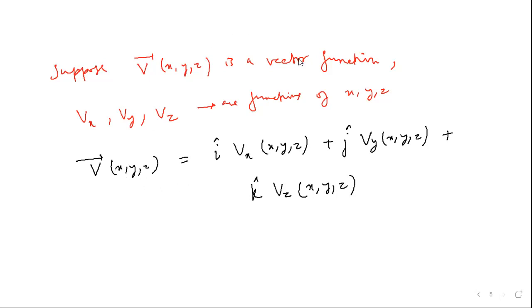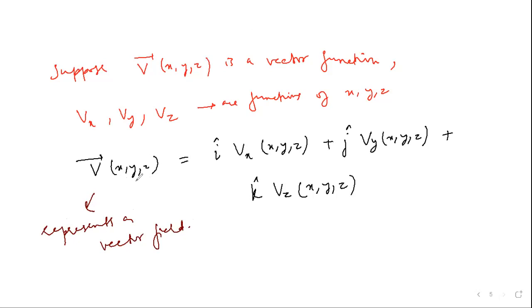So v represents a vector field. It can be any vector field. We have explained in the last lecture the idea of a field. It can be electric field around some point charge.